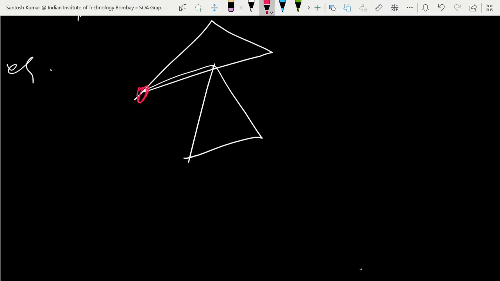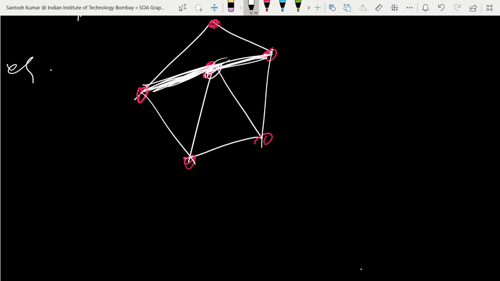Okay, so like one vertex, 2, 3, 4, 5, 6, join this one. Okay, this is the vertex.